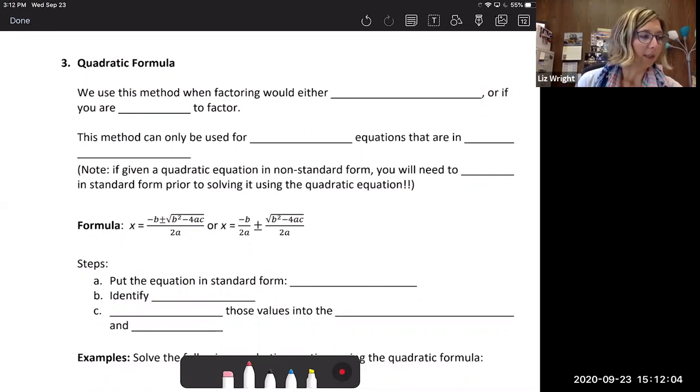So we're going to use this method when factoring would take far too long, or if you are unable to factor.